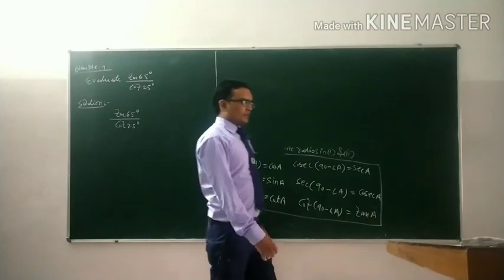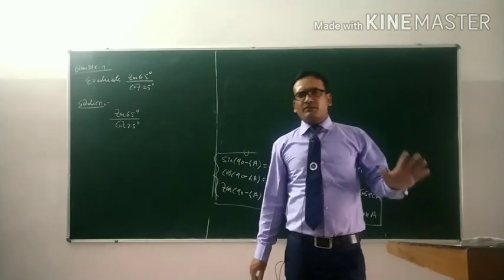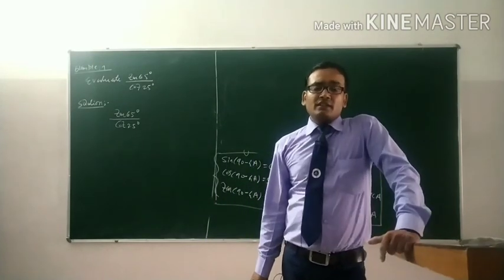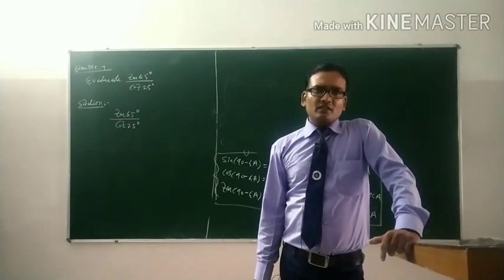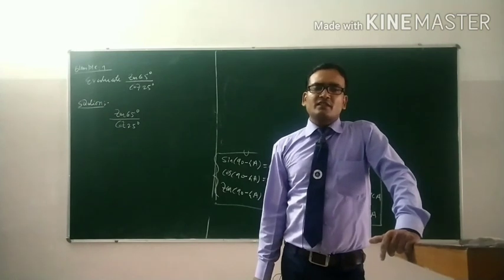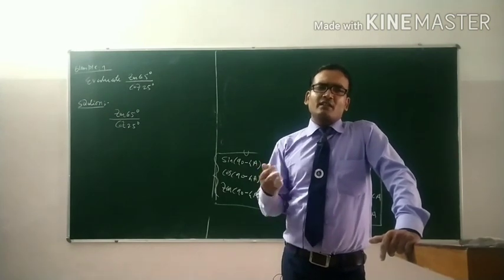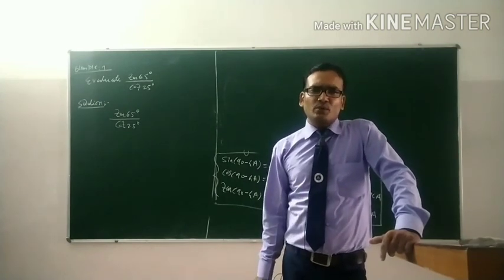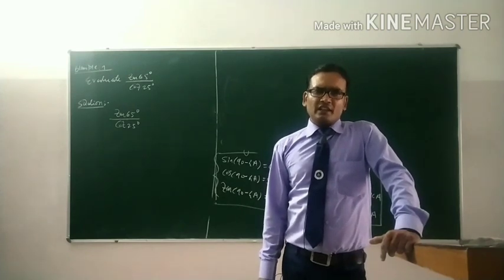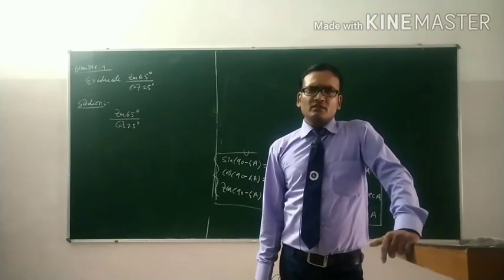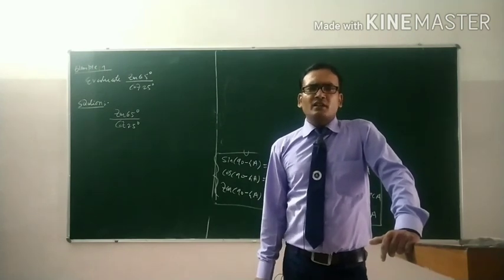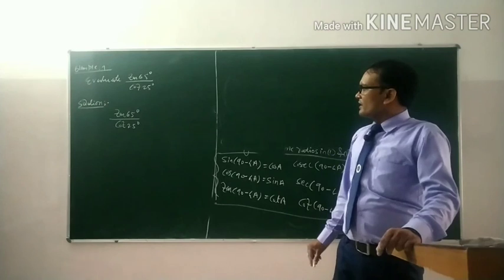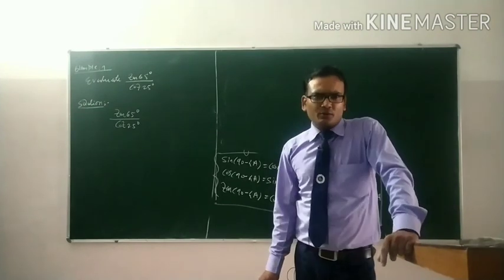In a previous exercise, we found the values of sin 30, sin 45, sin 60, sin 90, that means of all trigonometric ratios: cos, tan, cosec, sec, cot. But here we find the value of tan 65 upon cot 25.